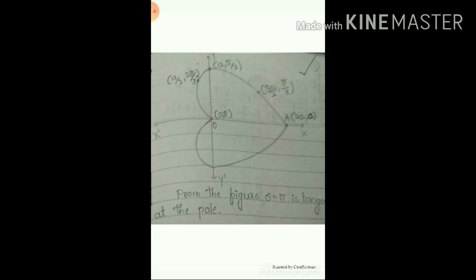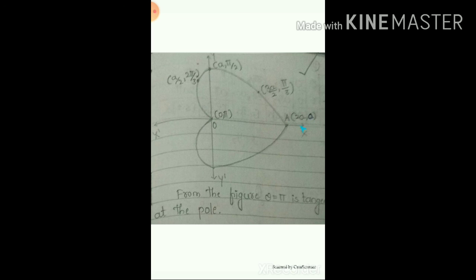With these points, we can draw the curve like this. This is the x-axis and this is the y-axis, and the curve passes through the pole, and here at (2a, 0) the tangent is perpendicular to the initial line, means the tangent is like this at this point, and the curve is symmetric about the x-axis.